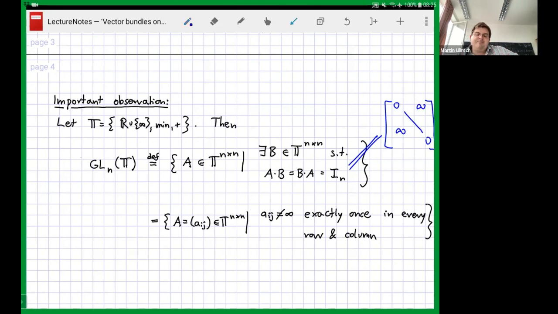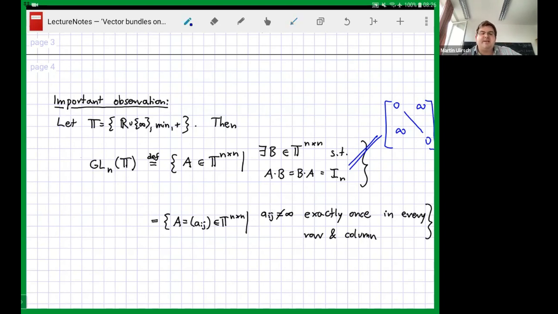And now we have to observe that this is actually a very restrictive definition. In fact, it turns out that this is the same thing as considering all the matrices such that there is exactly one non-infinity entry for each row and each column. So in a way, it's some form of generalization of a permutation matrix in the tropical realm that also allows some scalar value in the entry where it's non-infinity.